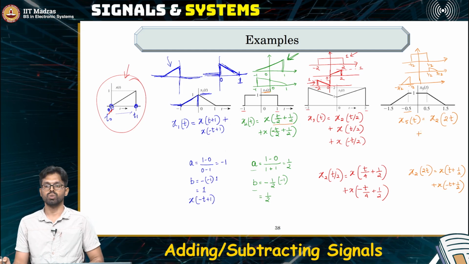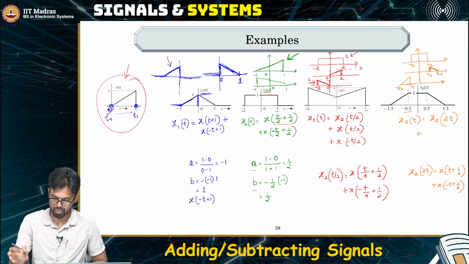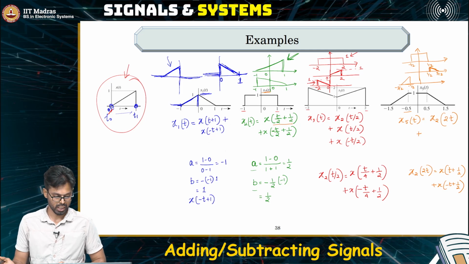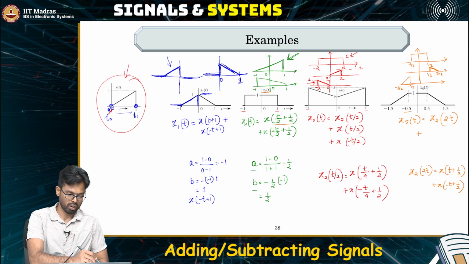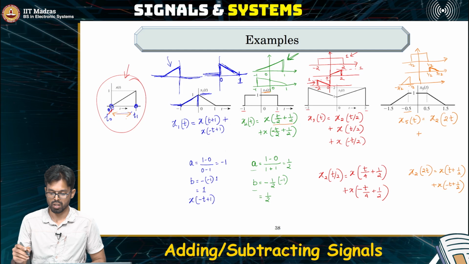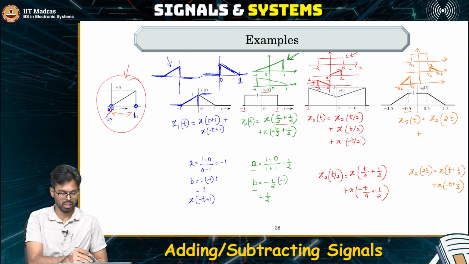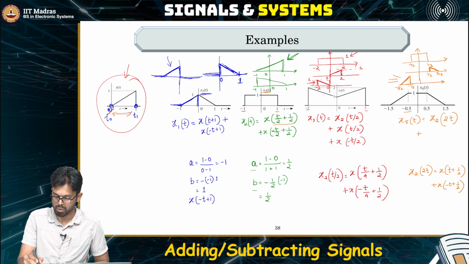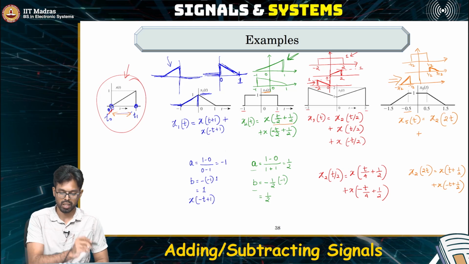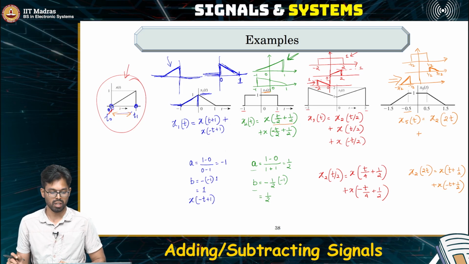Let's find the next 2 components. In this component here, the width has not changed, meaning whatever is here has come as such. And similarly here, whatever is here is the same as this. So if you look at this component, it is the same as x of t. Only thing is the origin has been shifted, nothing else. So a is 1.